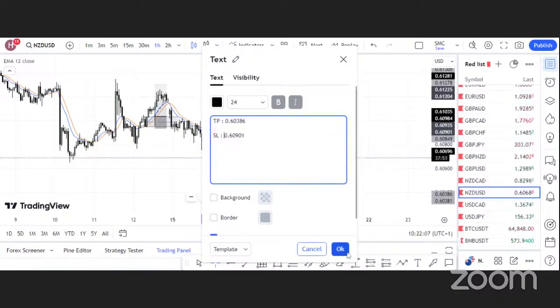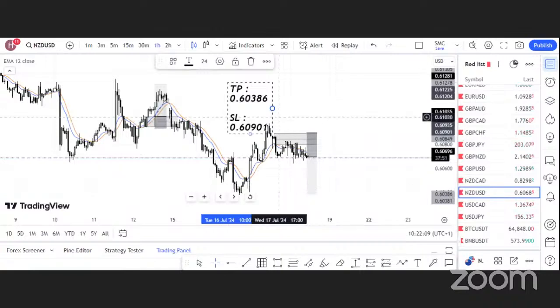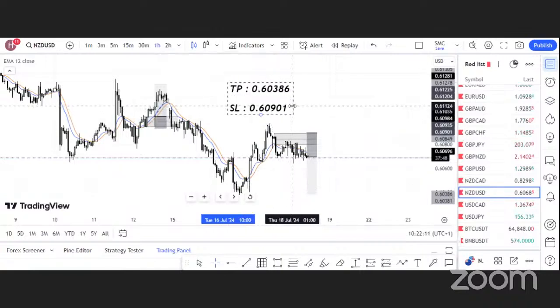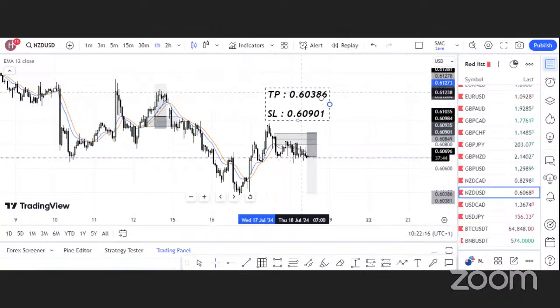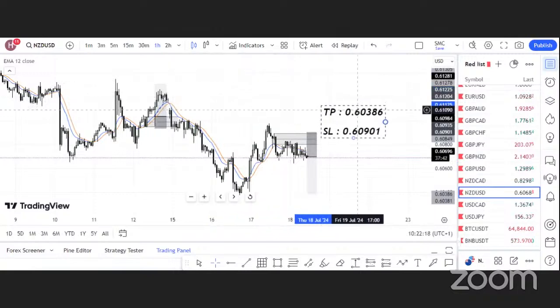So this is the stop loss and the take profit for this position.